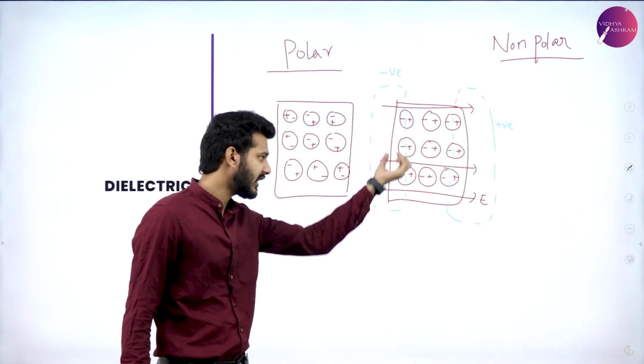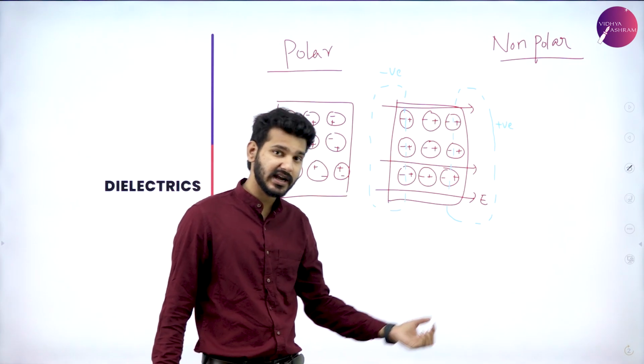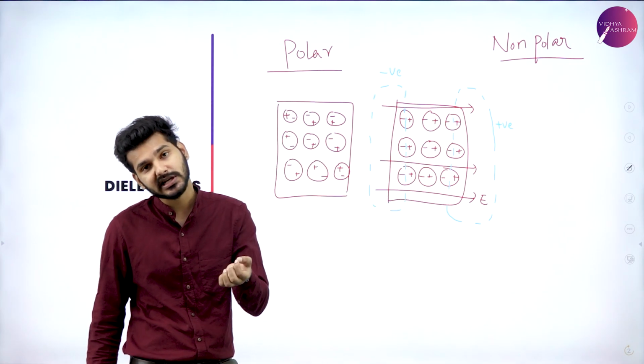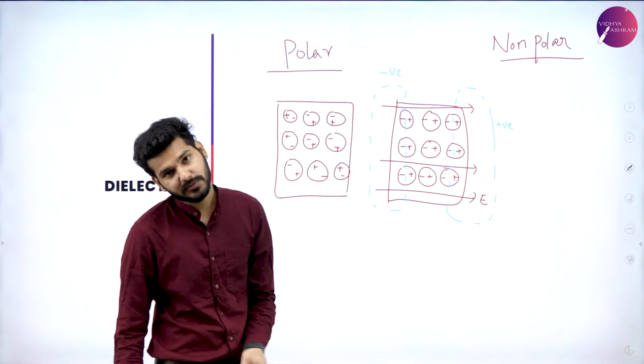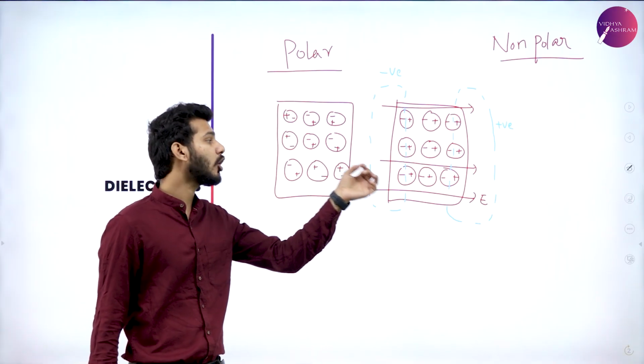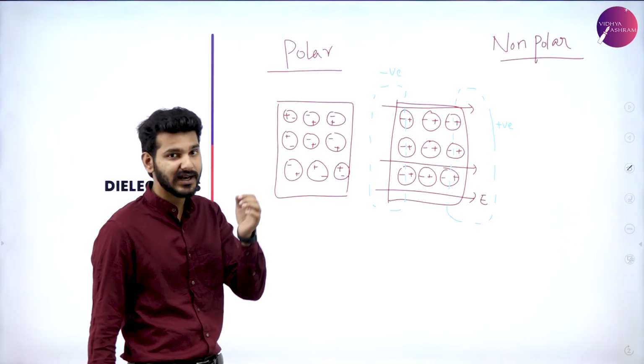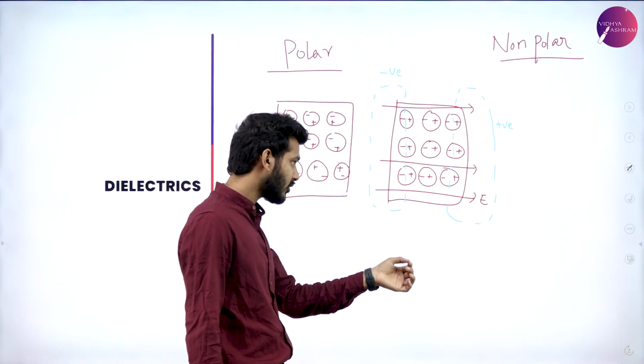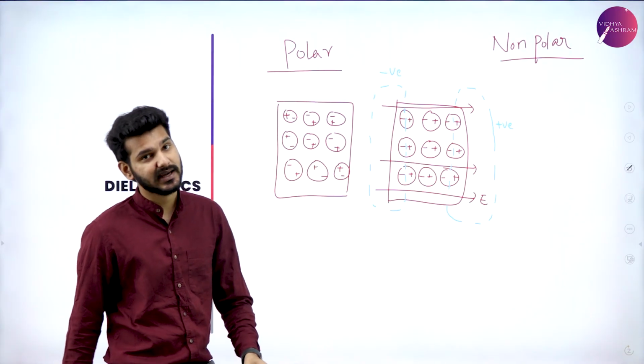And since there is one negative side and one positive side, there will be an electric field between those charged particles, and that particular electric field will be in the opposite direction. We know that electric field lines start from positive and seek the negative charge.